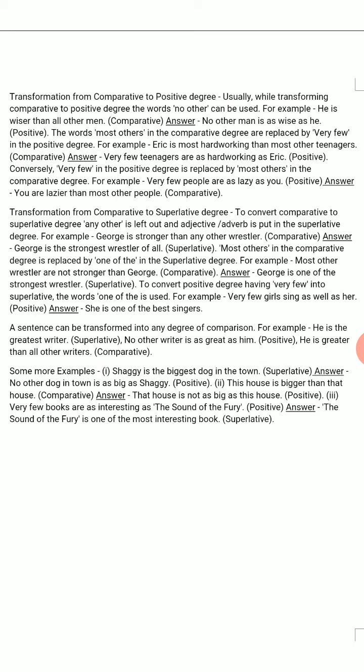For example, very few girls sing as well as her. That is positive degree. Answer: she is one of the best singers. That is superlative degree. So this is how you convert the comparative degree to superlative degree, and one example has also been given for converting the positive degree into superlative degree.